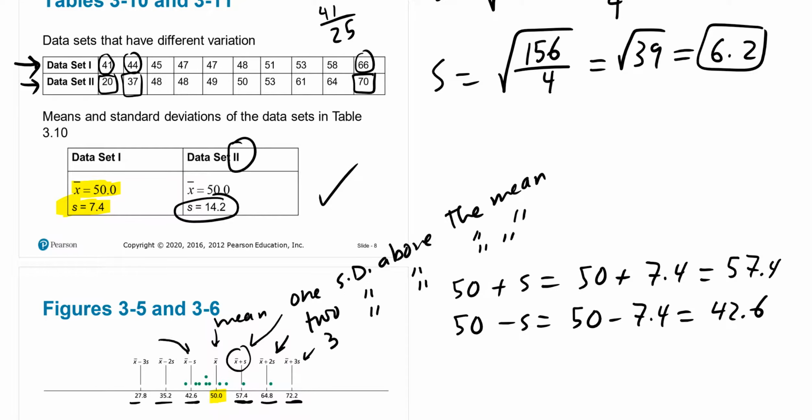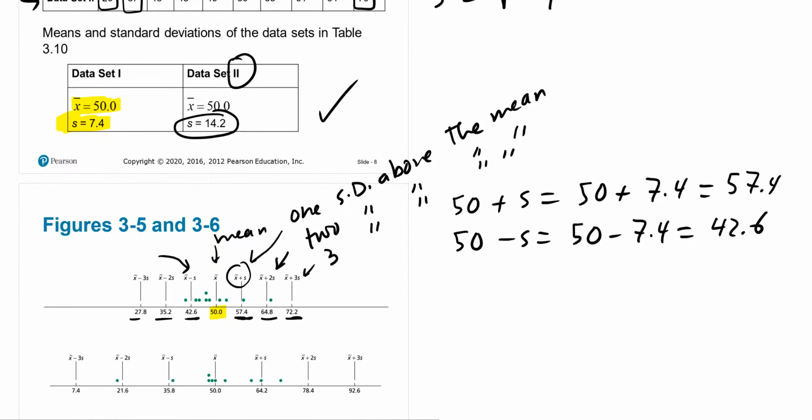This is 1 standard deviation below the mean, 2 standard deviations below the mean, 3 standard deviations below the mean. And why did we go all the way up to 3 or down to 3? Because most of the data, and we will learn that later on, about 99.7% of the data will fall within 3 standard deviations of the mean. Within means 3 standard deviations above and 3 standard deviations below the mean.